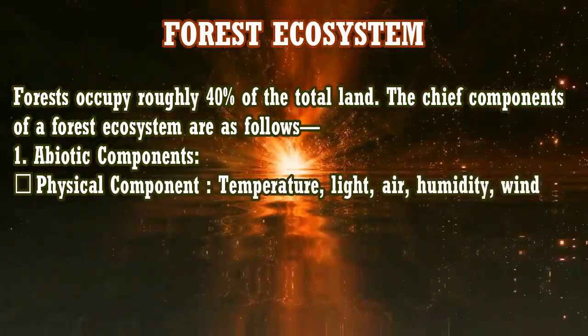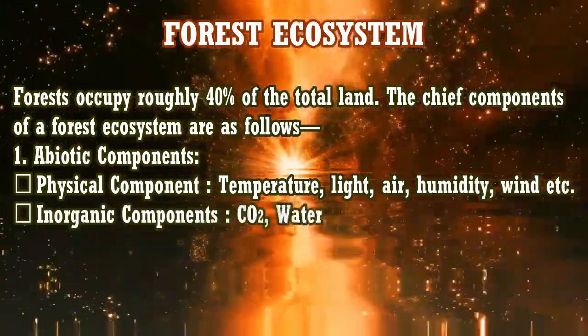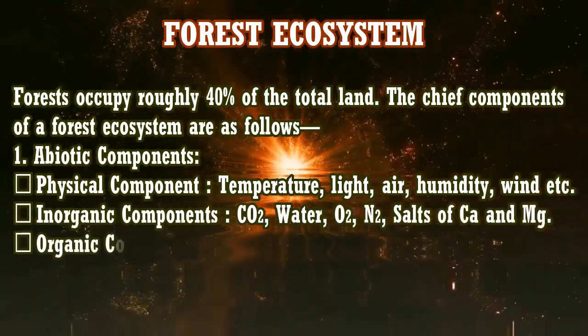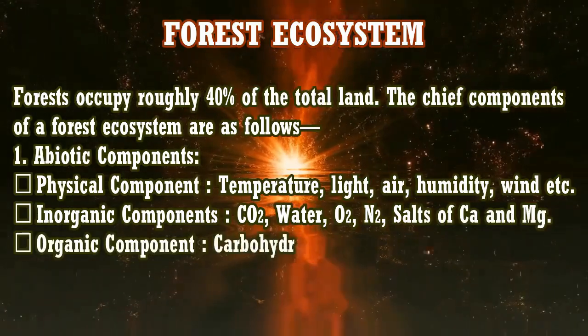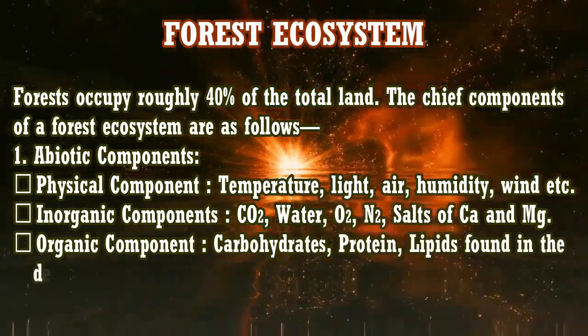Why am I saying very own? Because they are present here in West Bengal, in the Sundarbans. So these 5 types of forest are there: tropical rain forest, deciduous forest, coniferous forest, evergreen forest, and mangrove forest.